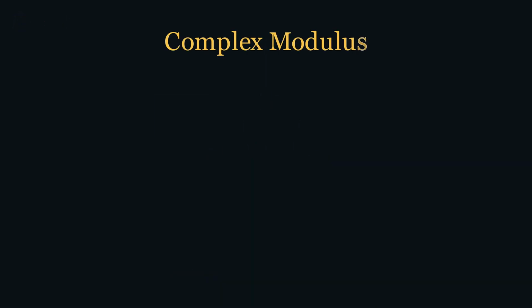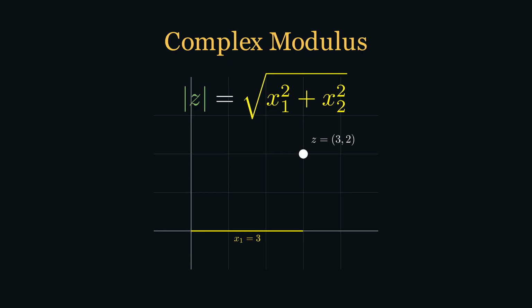For a complex number z equals (x1, x2), we define the modulus or absolute value of z as |z| equals the square root of x1 squared plus x2 squared. This is the distance from z to the origin. It's the Pythagorean theorem. The complex number (x1, x2) is the hypotenuse of a right triangle with legs x1 and x2.